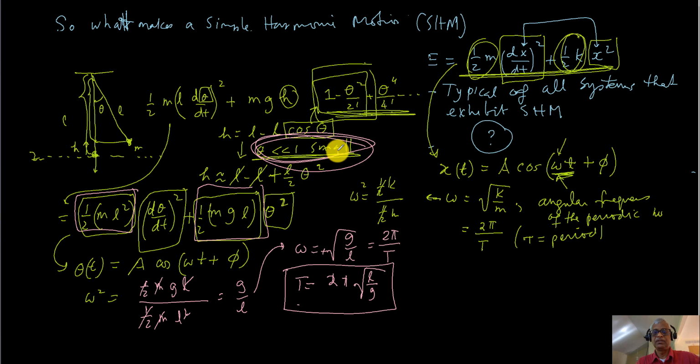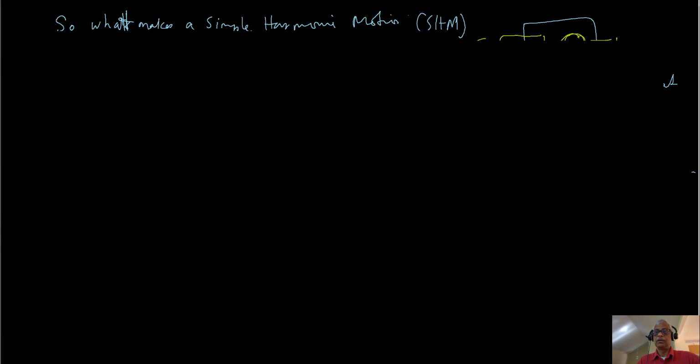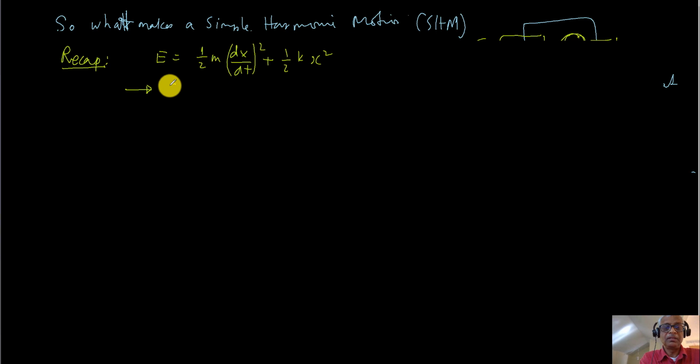Okay, so to recap: if the energy is equal to half m (dx/dt) square plus half k x square, then this means it is simple harmonic motion, and x of t will have a cosine of omega t plus phi with omega equal to the square root of k over m.